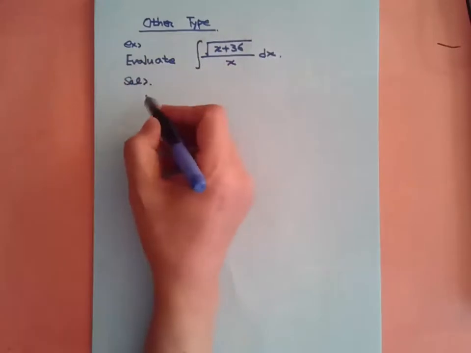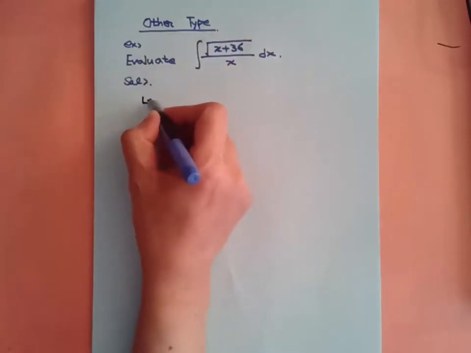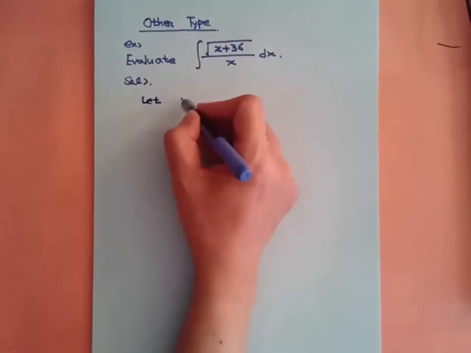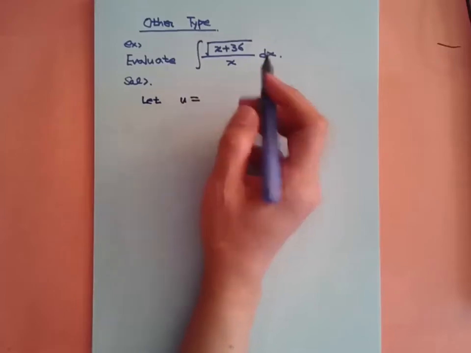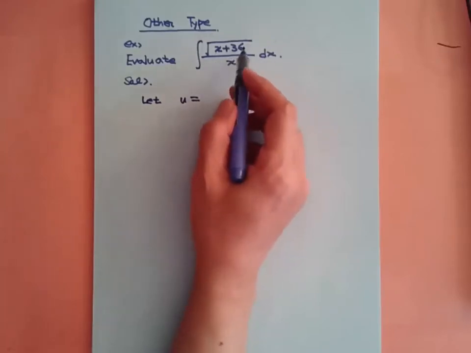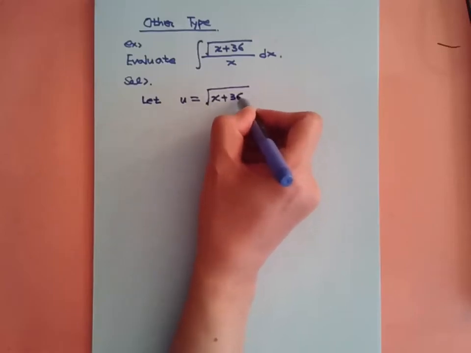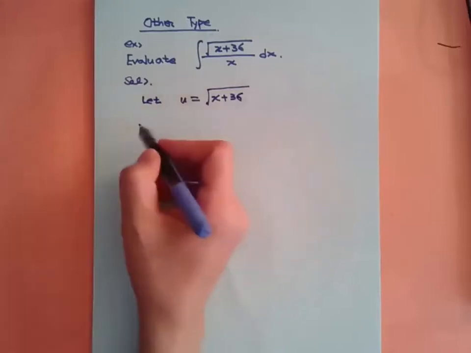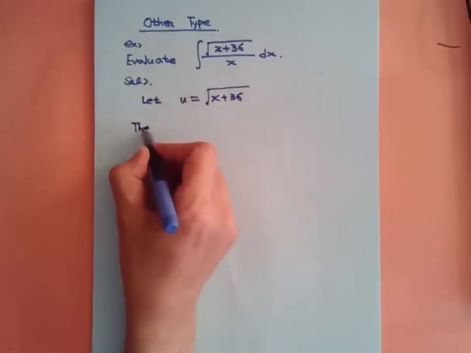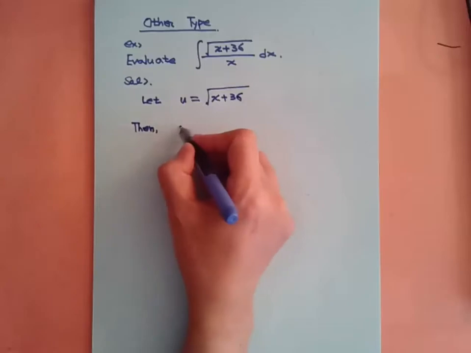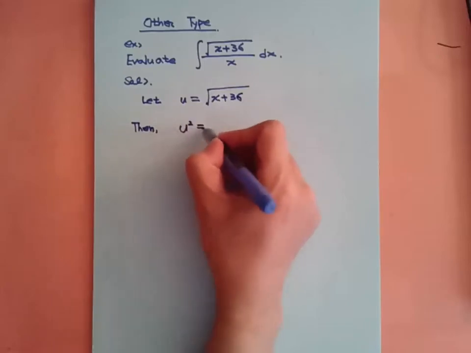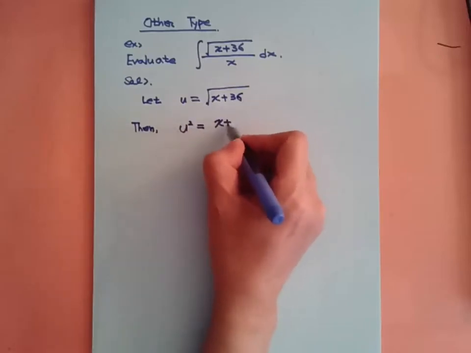So what we will do in this case is, instead of putting u as x plus 36, we will put u as square root of x plus 36. And then we will think about the square of that. So u squared equals x plus 36.